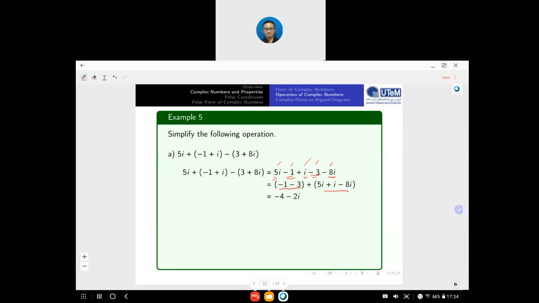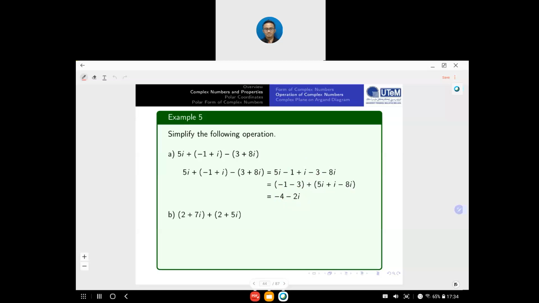For example, if you have 1 plus 3i and multiply by its conjugate 1 minus 3i. So if you expand this one, 1 times 1 equals 1. 1 times negative 3i becomes negative 3i.